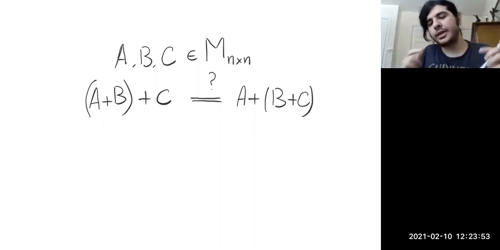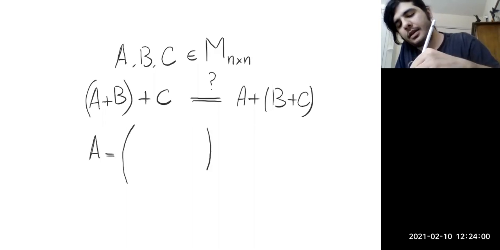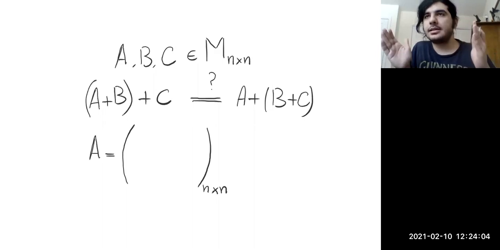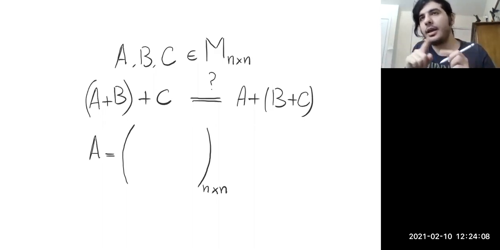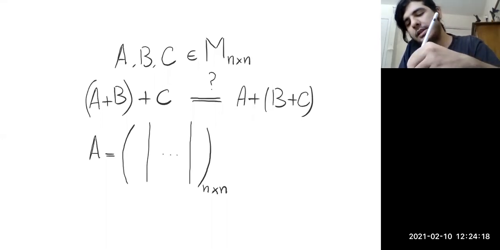How would I go around doing that? So the point is that any matrix A, which is an n by n matrix, is a table of some real numbers. I can write down and list those real numbers. It has n columns, n rows.